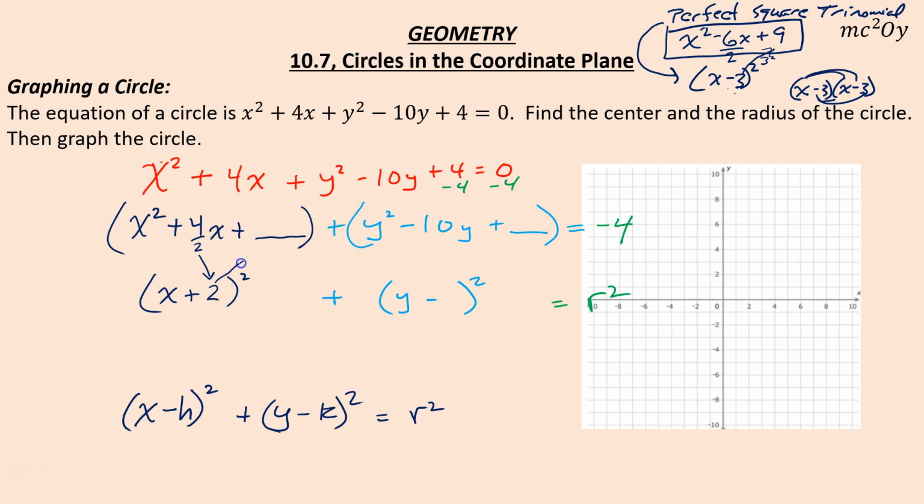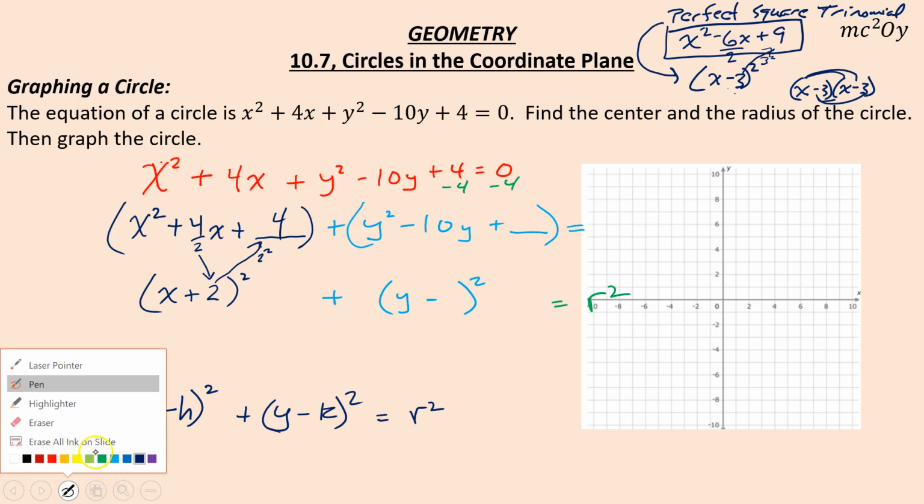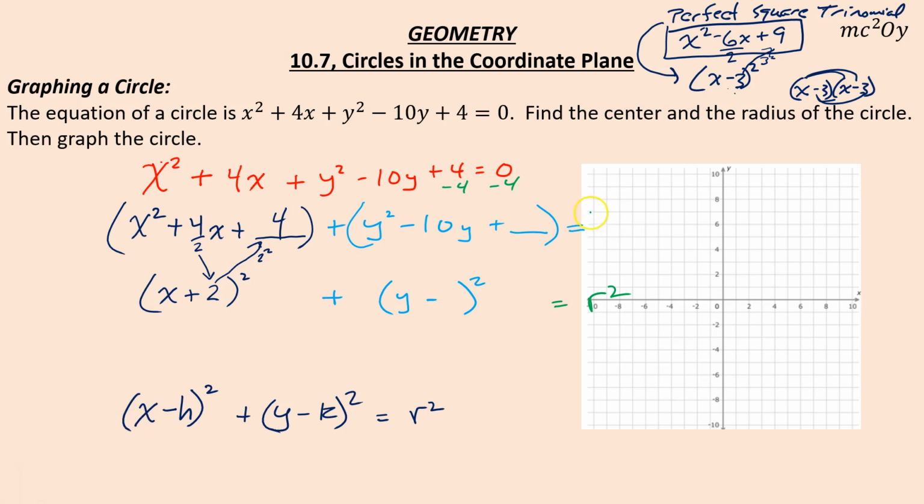And so you're going to square this number. 2 squared is 4. And whatever you add here, you have to add over here, right? Whatever you do to one side, you have to do to another. Okay? Now I'm going to have a problem here because I know what the graph looks like, so I'm going to erase some of that, and I am going to circle it up, kind of up here.